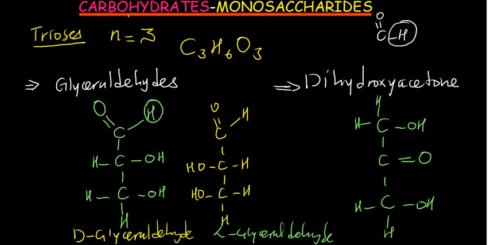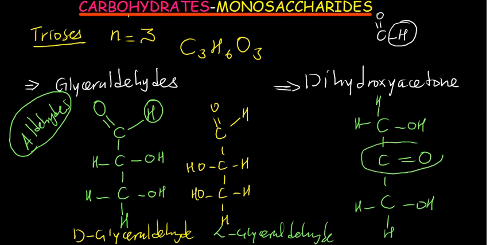So this is telling you a carbonyl functional group can either be a ketone or an aldehyde. In glyceraldehyde, the carbonyl functional group is an aldehyde. Why is it aldehyde? Because it is at the end of the chain. Whereas in dihydroxyacetone, the carbonyl functional group is a ketone. Why? Because it is in the middle of the chain.